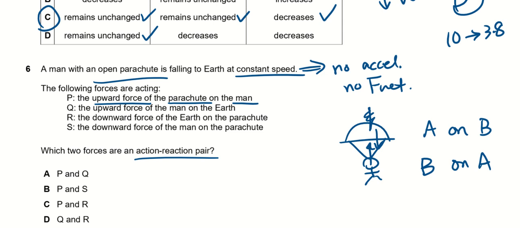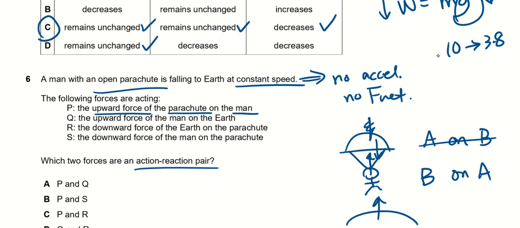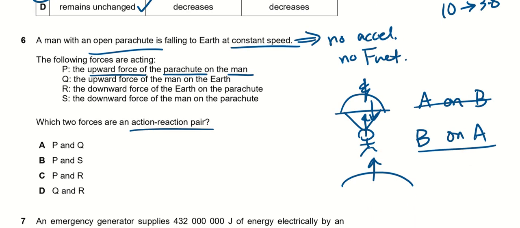Now Q is the upward force of the man on earth. That means man is pulling the earth up. R is the downward force of the earth on parachute. That means earth on parachute. And S is the downward force of the man on the parachute. So remember, they must act on mutually opposite bodies. So man on earth and earth on man. Is there anything?